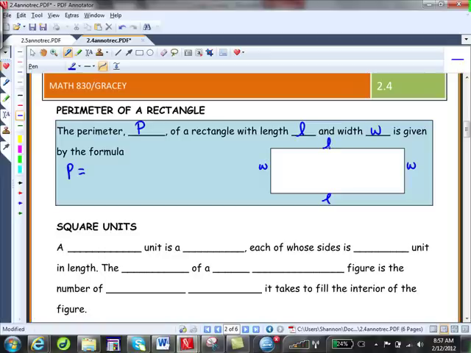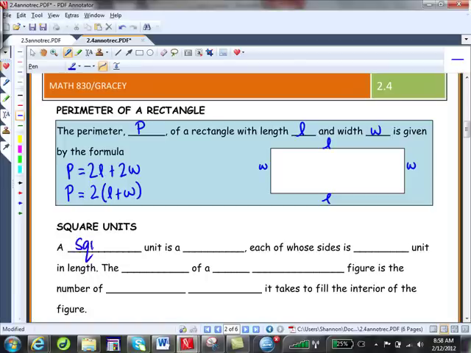So we have two W's and we have two L's. So that's exactly what the formula is. Now, if you recall, using the distributive law backwards, we could also write this as 2 times the sum of L plus W. Either way I'm okay with, so you decide which formula you prefer, or you can just remember it's the sum of all the sides.